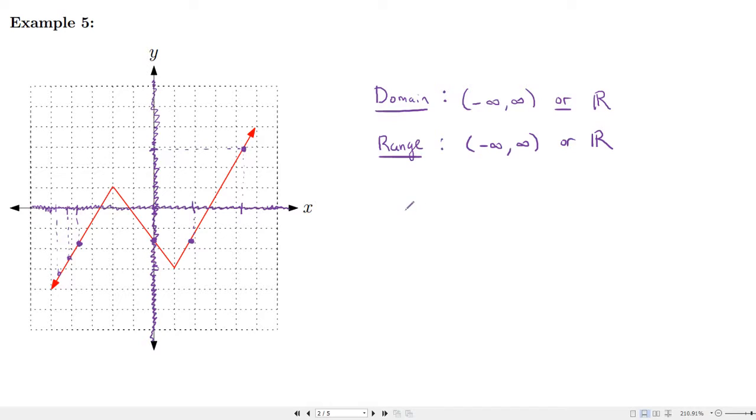What else do we want to do here? Let's classify this. Well, it's definitely a function, since it passes the vertical line test, right?